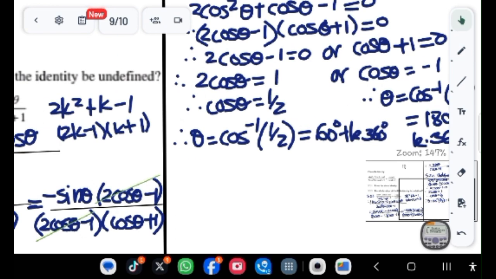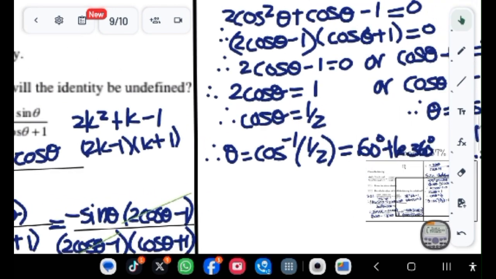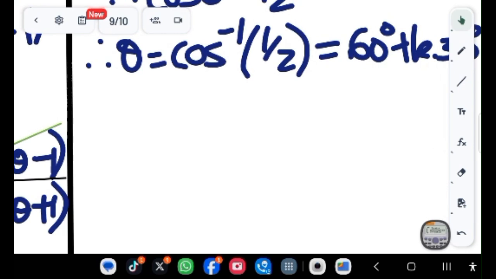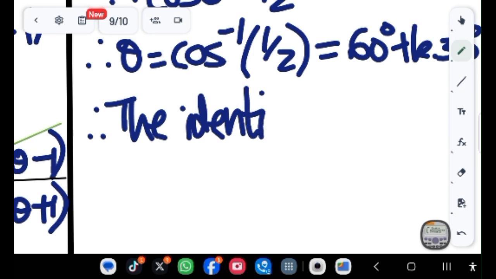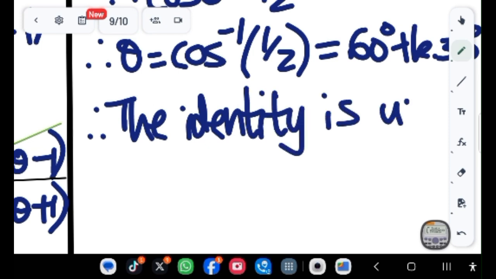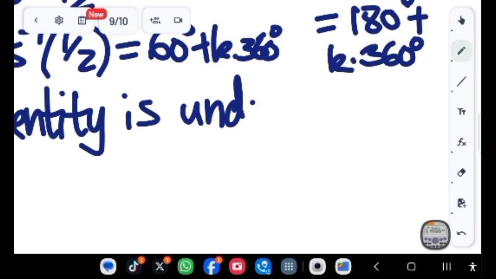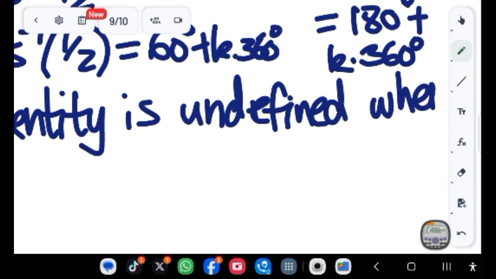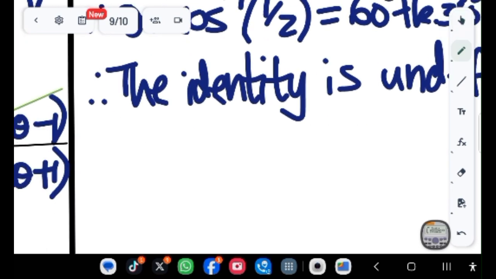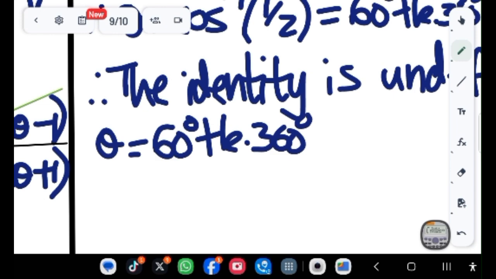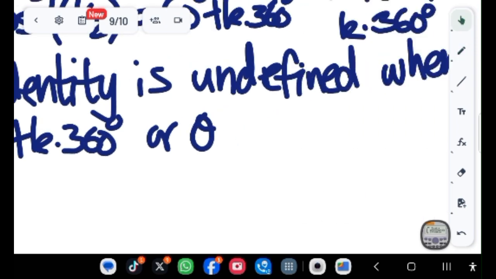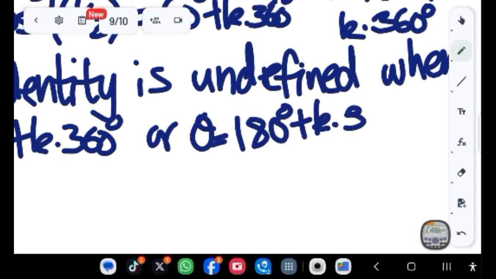Therefore, the identity is undefined when your angle theta equals 60 degrees plus k times 360 degrees, or when theta equals 180 degrees plus k times 360 degrees.